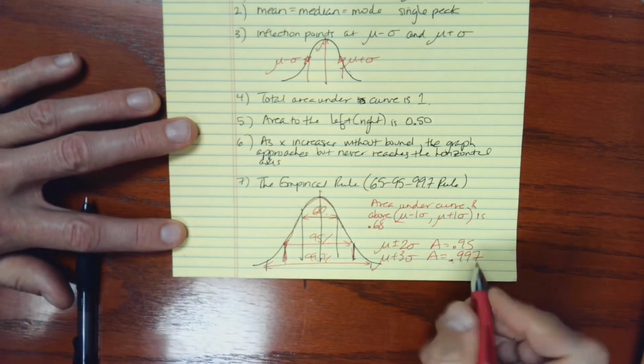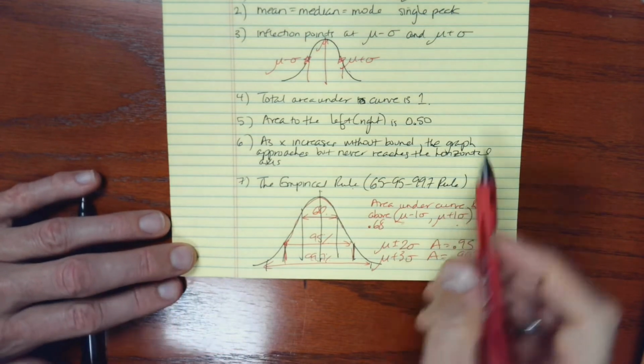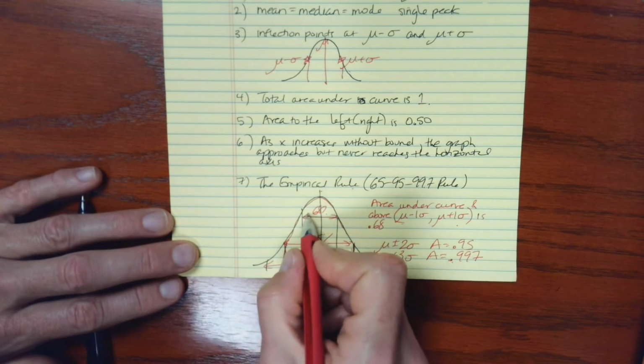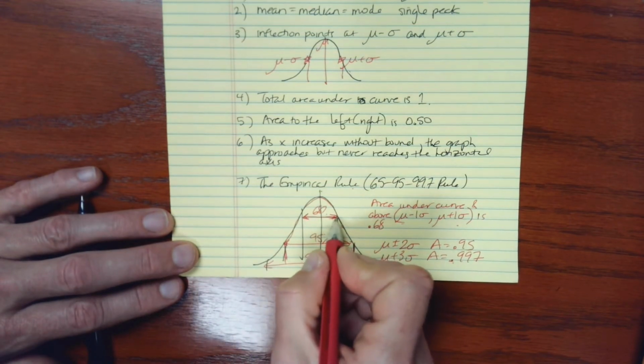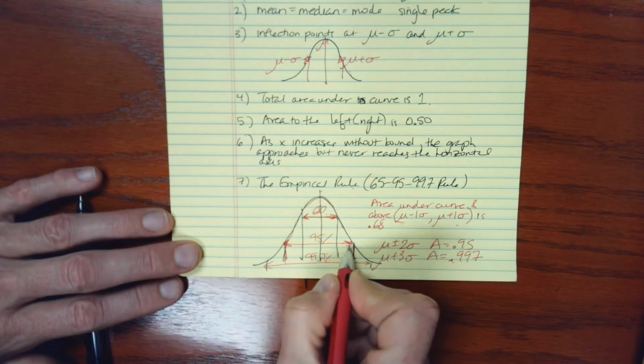I'm basically just restating the empirical rule in terms of area under the curve, because with these continuous random variables, we are equating area under the curve with probability.